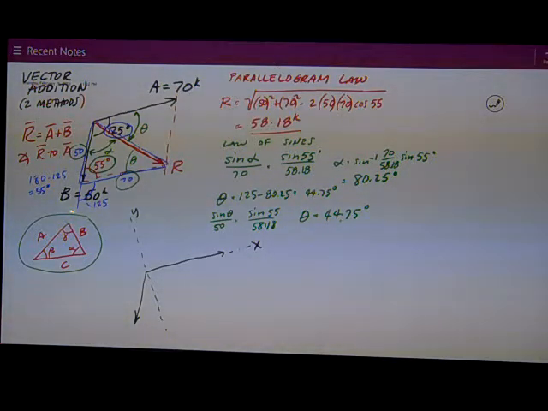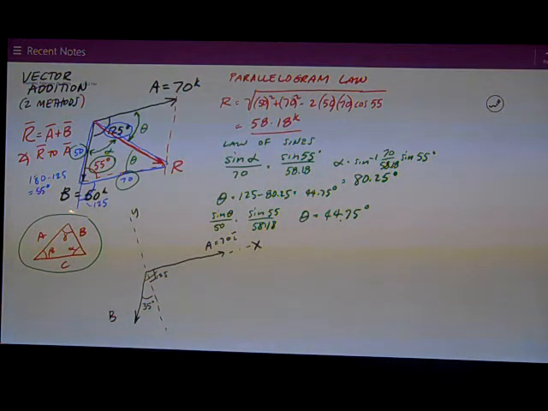And if this is 125 degrees total, and this is a 90-degree angle, then that makes this angle 35 degrees. So I've got A is equal to 70. That's pure x direction, or 70i.